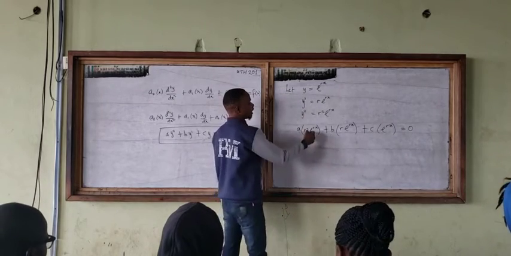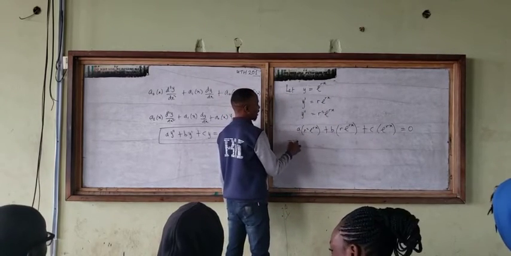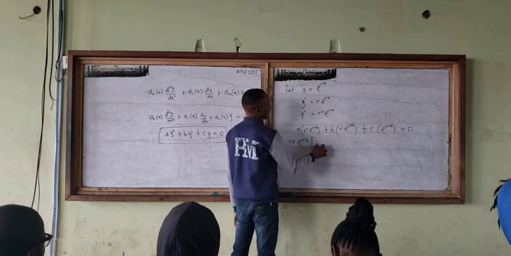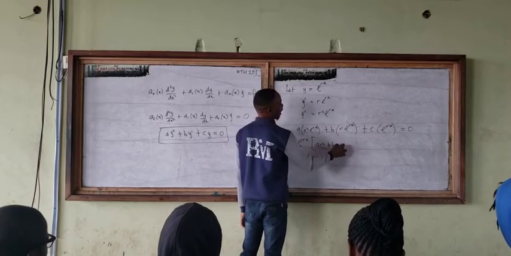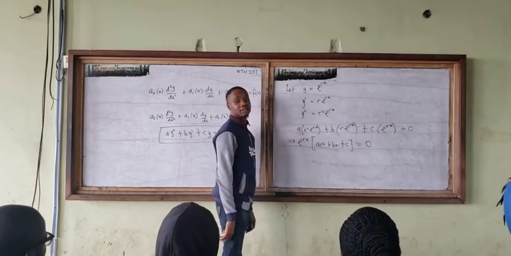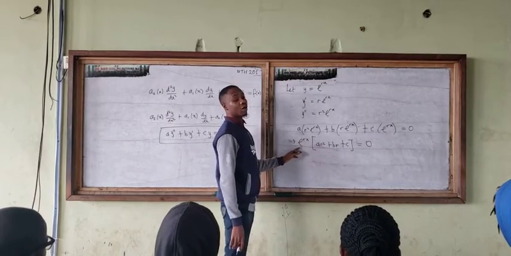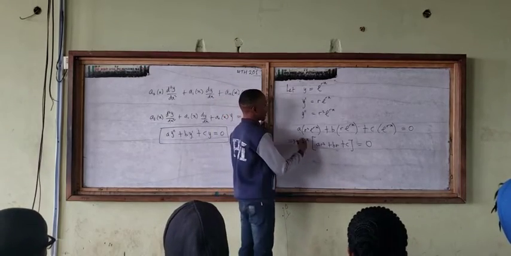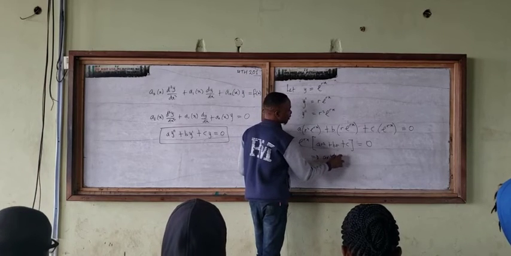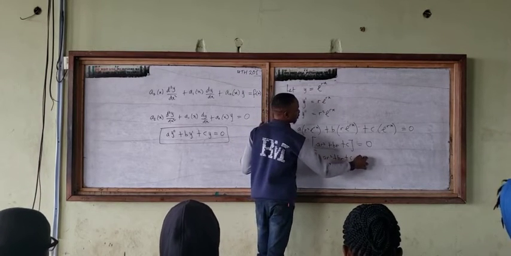From here you can extract e raised to the power rx, since it is common to all of them. You have e raised to the power rx times (a r squared plus b r plus c) equals 0. Because e raised to the power rx is always non-zero, we can divide through by it, so we are left with a r squared plus b r plus c equals 0.